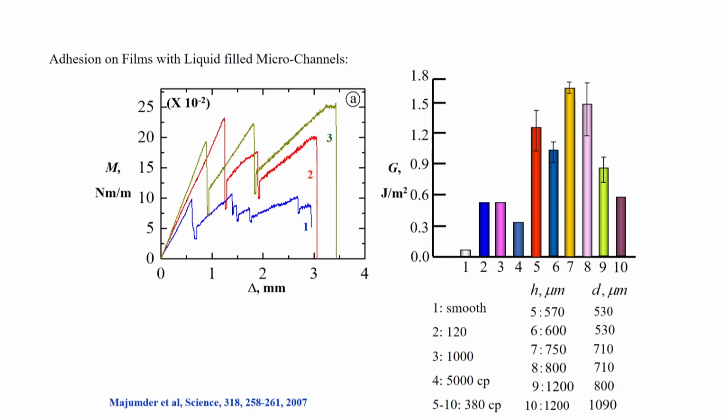And if you see the torque as a function of this lifting height, that is delta, you will see something like this. For let us say a smooth film with these channels inside, without the liquid, basically filled with air, the effect will be something like this.